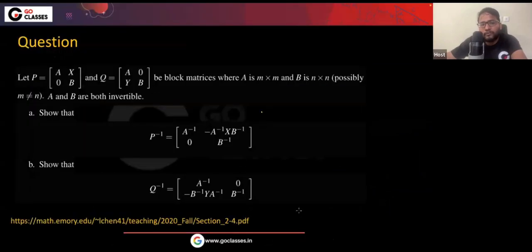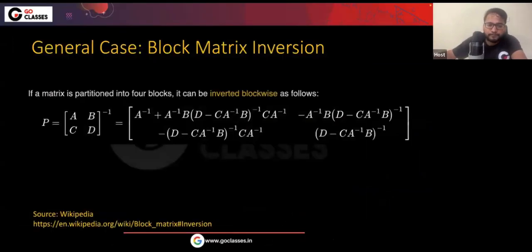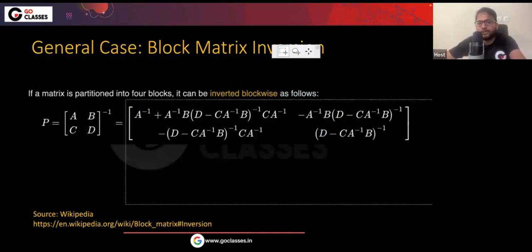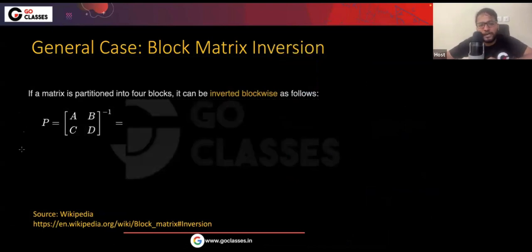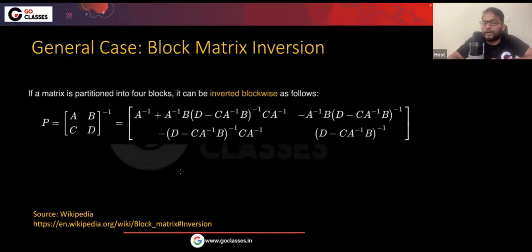Now, what if we don't have any special case, which means that P is ABCD, and we need to find the inverse of this. Now, fortunately or unfortunately, this is an extremely big calculation, and the final result is something like this.